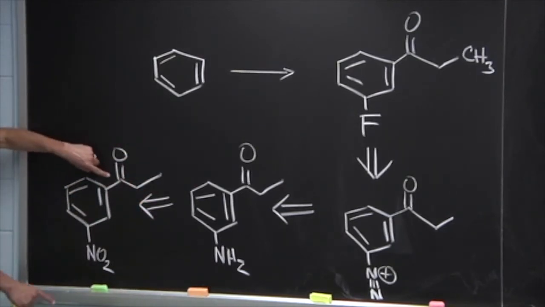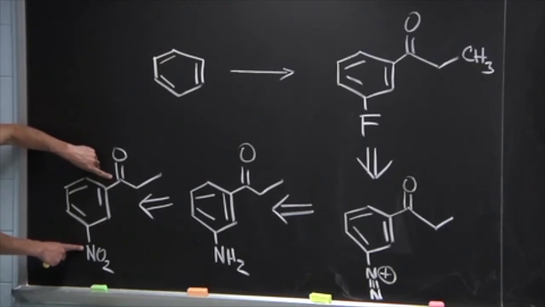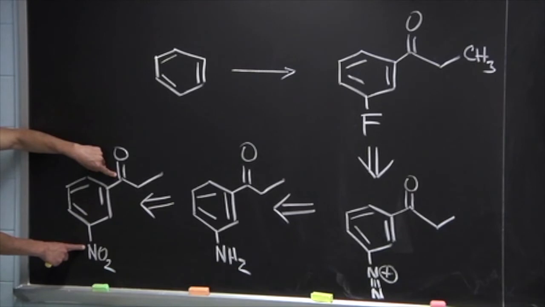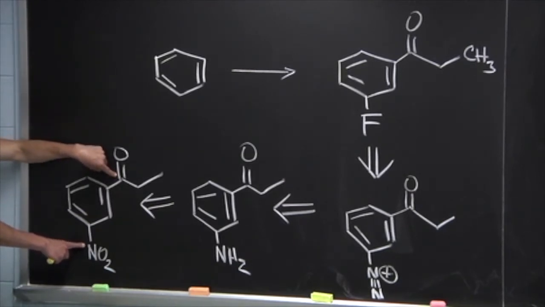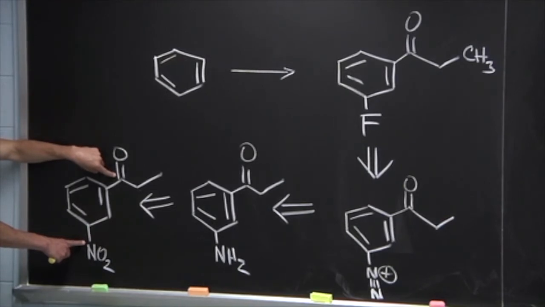And then here we have a nitro and an acyl group meta to each other on the six-membered ring. Now both acyl groups and nitro groups are meta-directing, so one might naively think that it doesn't matter what order we introduce those groups in.